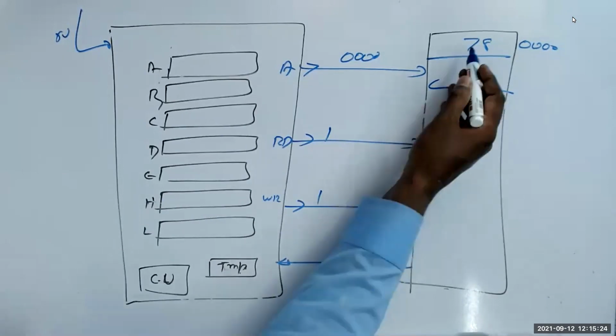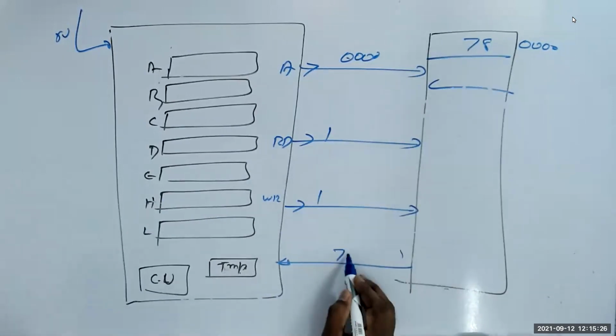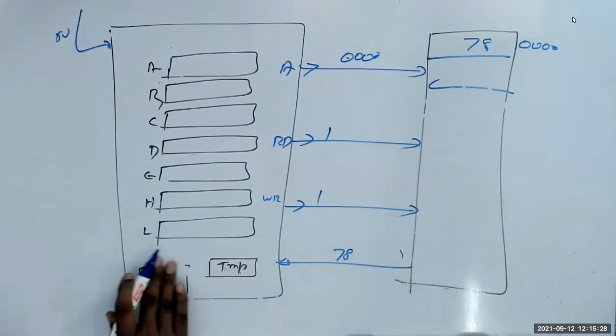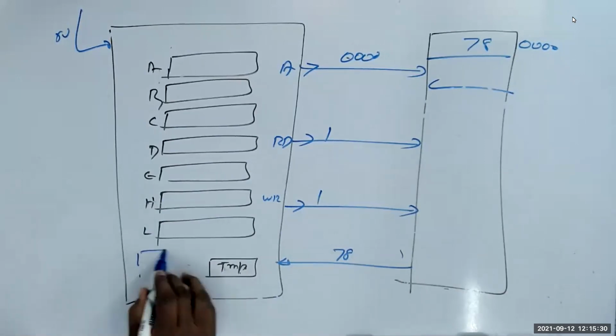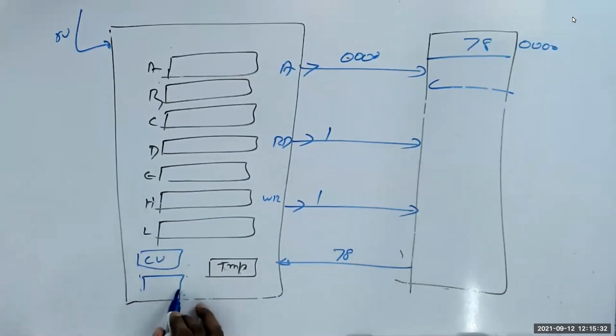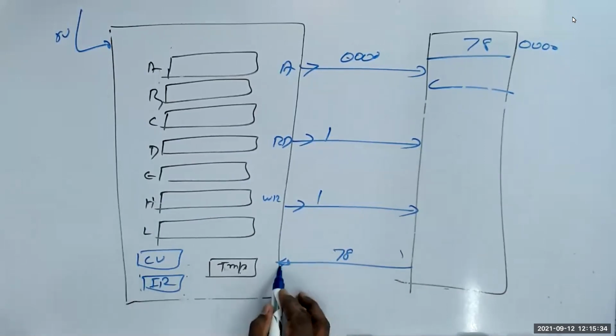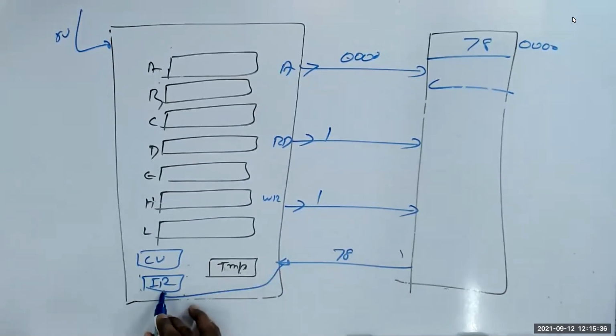Now what is coming? Line 0 is 78. The 78 is latched in the control unit's IR, the instruction register. That's it. Now that goes to the control unit.